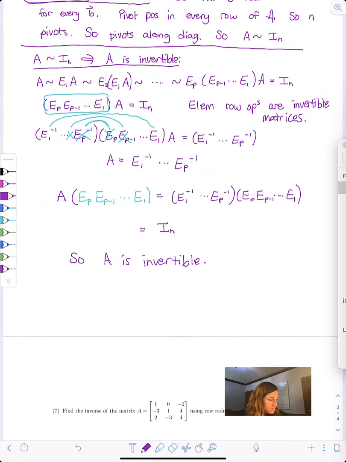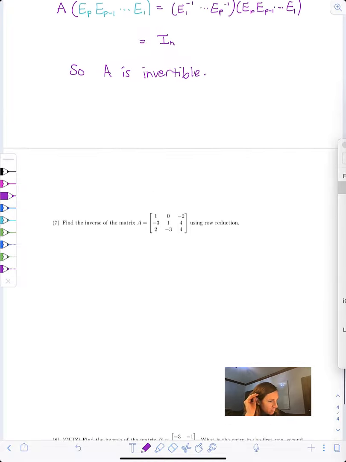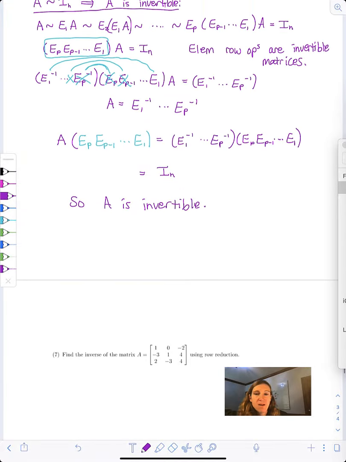Okay. So finally, let's talk about how we can find the inverse of a matrix using row reduction. So this is kind of cool. We make a super augmented matrix. So normally, remember that we want to do A times X equals B, and we make our augmented matrix looking like that.